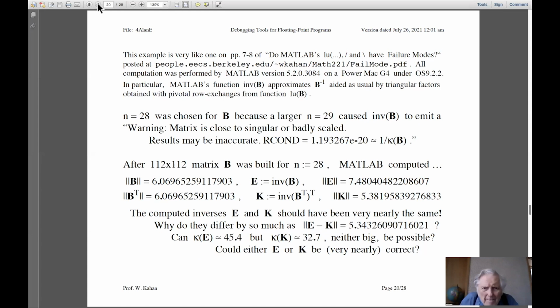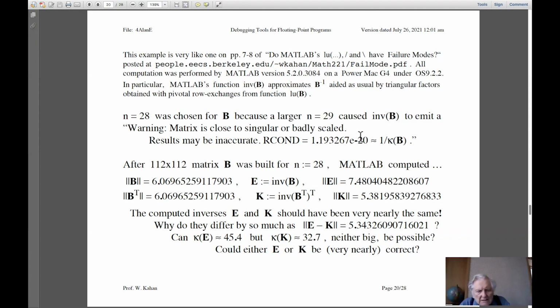The matrix B that I've chosen has dimension 28. And that's because the next larger matrix with the same shape, the same structure, it turns out MATLAB didn't like it. MATLAB says, oh, it's very much too nearly singular. You see the reciprocal of the condition number for a matrix whose dimension is 4 times 29 is of the order of 10 to the minus 20.